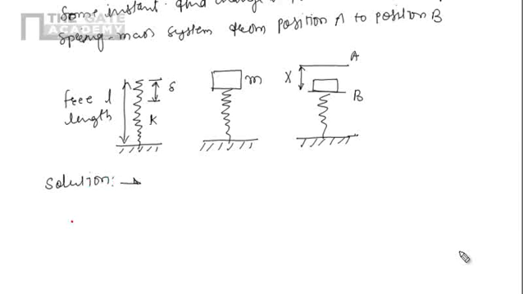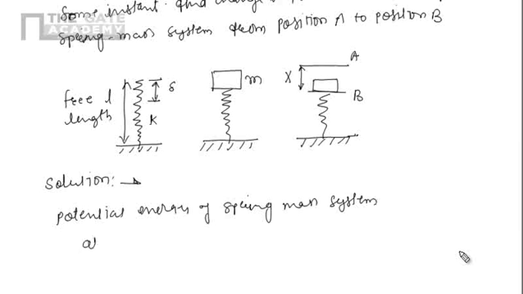First, we are interested in the potential energy of the spring mass system at point A. So here, if you see the length here, the free length is L, and by putting the mass m, it will go to a distance of delta.